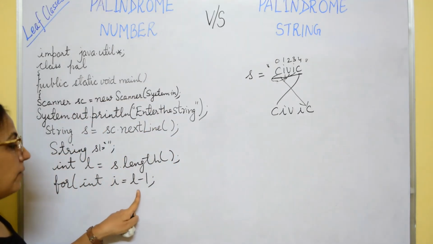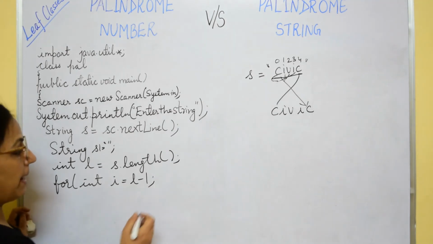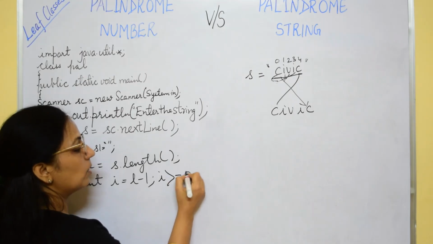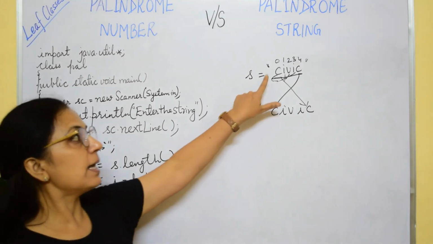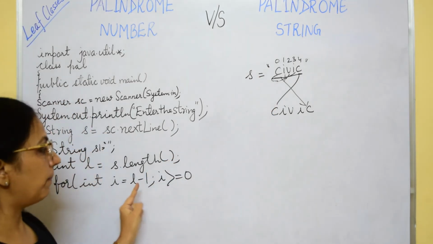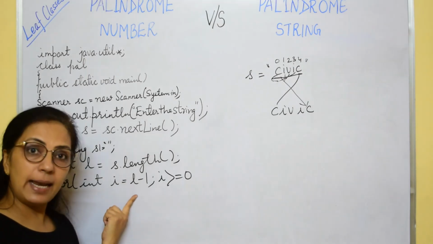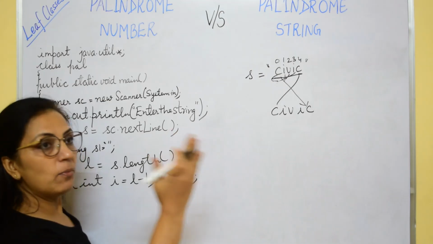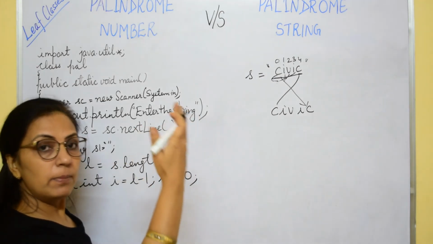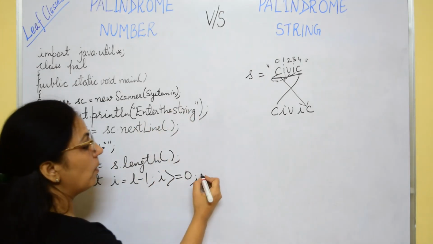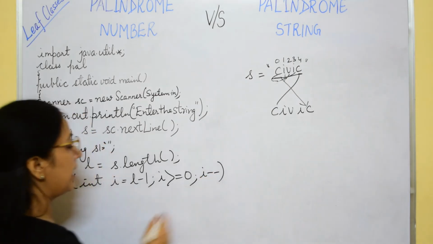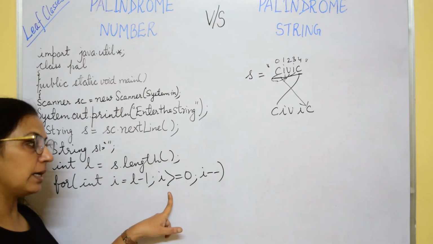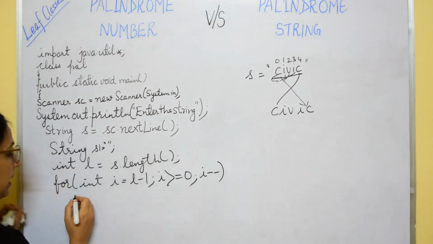That is why I have taken I equals L minus 1 until I is greater than or equal to 0. The first index number is 0, so we have to repeat the process from the last index number till the first index number, and we are moving downwards from right to left. So one by one we will be decreasing the index number. So I equals L minus 1, I greater than or equal to 0, I minus minus.